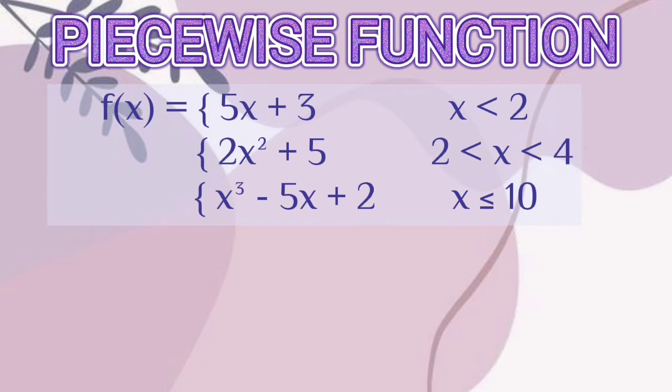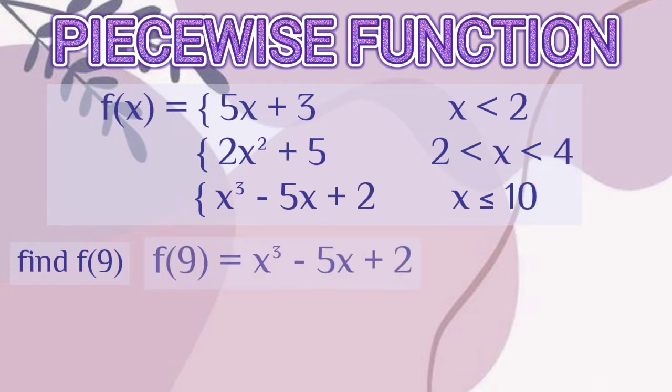Let's answer the last one before I give you your activity. Find f(9). In the given conditions, we will use x is less than or equal to 10 because 9 is less than 10. Let's substitute it into our expression, which is x cubed minus 5x plus 2.